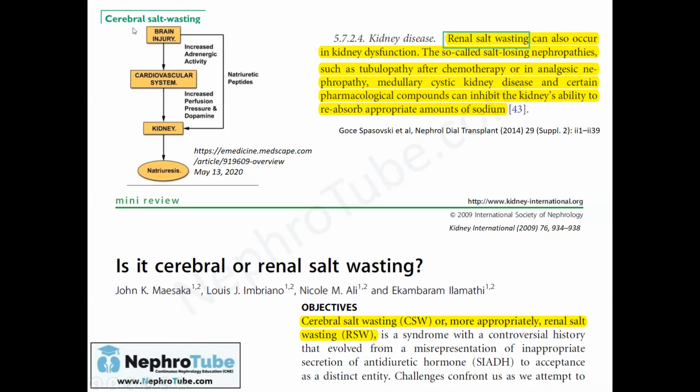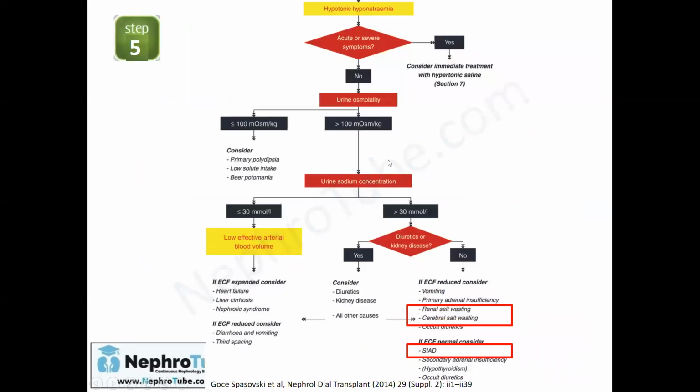Let's look here in cerebral salt wasting, there is increased kidney loss of sodium, whatever the etiology. And here there is a clear renal loss of sodium, whatever the cause. So finally, cerebral salt wasting is the same as renal salt wasting, and it is now called renal salt wasting, and both share the same pathogenesis, as I will show you now. So there is no difference between renal salt wasting and cerebral salt wasting.